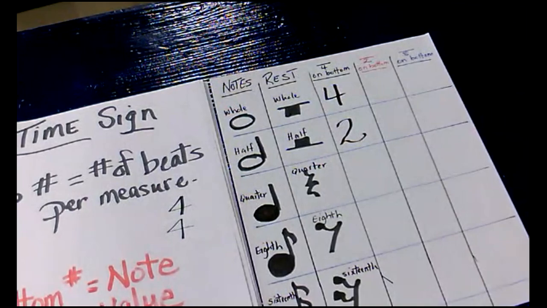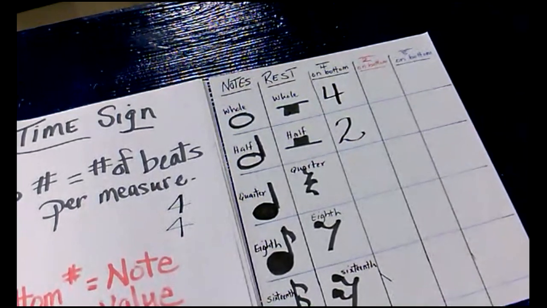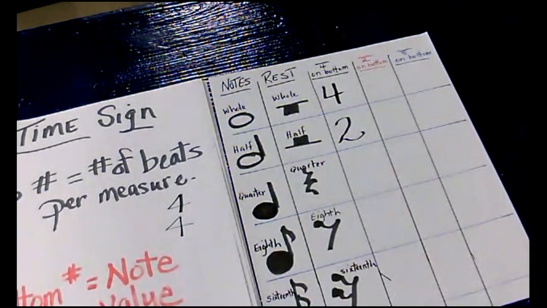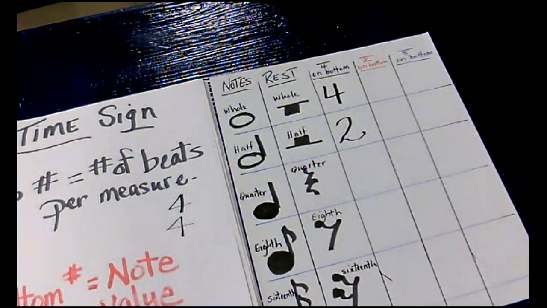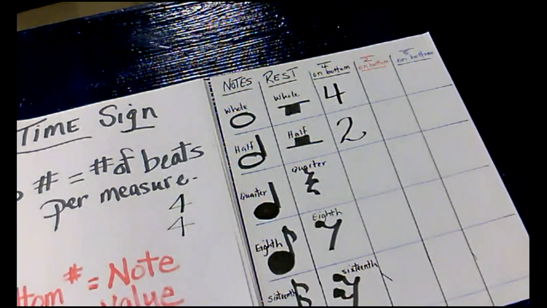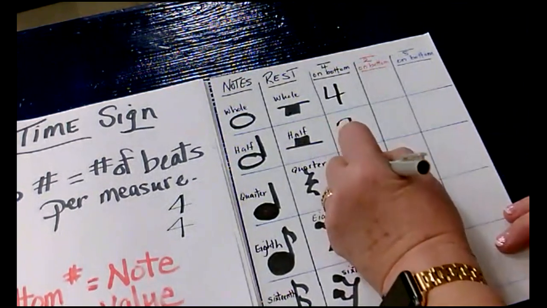Some people say when they see it in music that it looks like a bird flying sideways. To me, it looks like a squiggly line. So our quarter gets half of our half note. So what's half of 2? 1. Excellent.